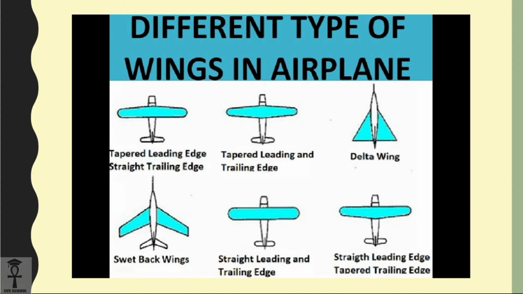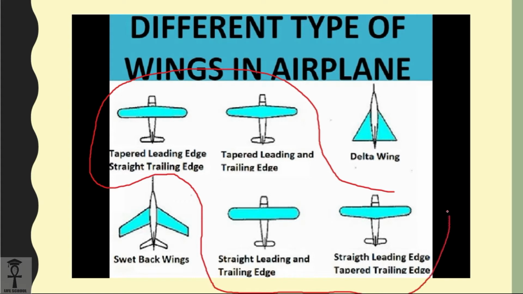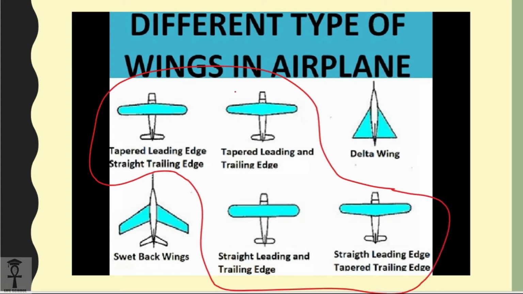Now you can see on the screen the different types of planes that I have mentioned over here. Four of the planes are the usual ones that we see many times. All four are different planes, but usually we see these types.